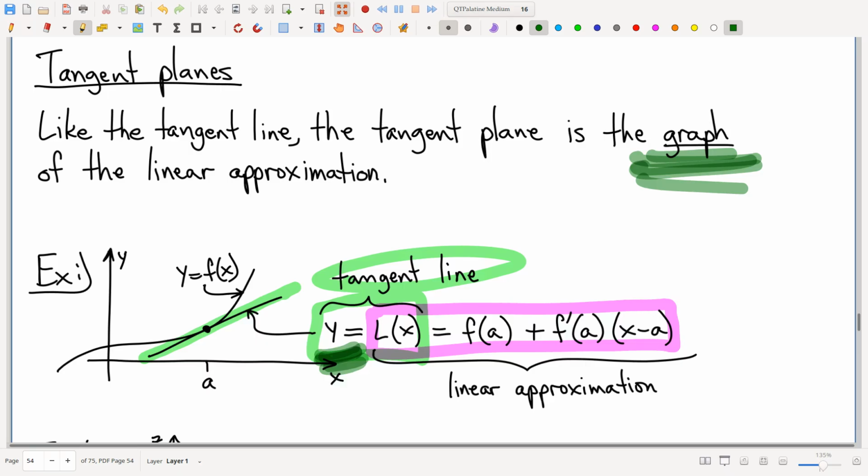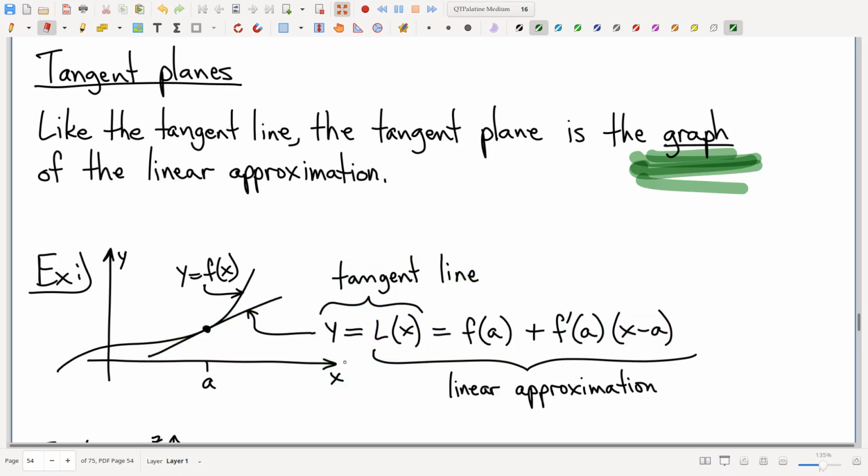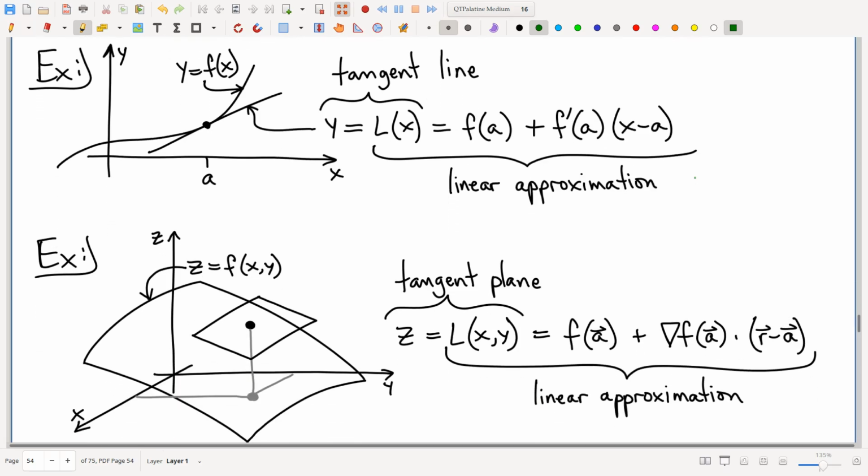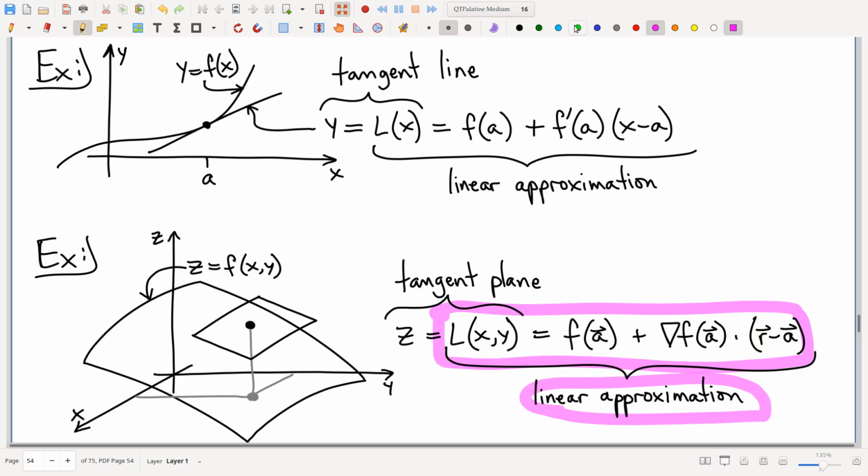Okay. So that's sort of cleaning up a problem from single variable. Notice what we have down here is highly analogous. I lay it out on the page in as analogous a way as I can to emphasize the strength of the analogy. Again, we have a linear approximation. And again, we have a graph of that linear approximation.